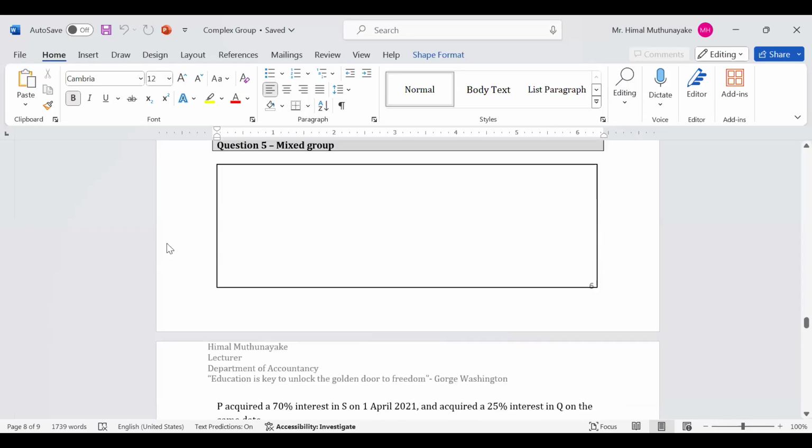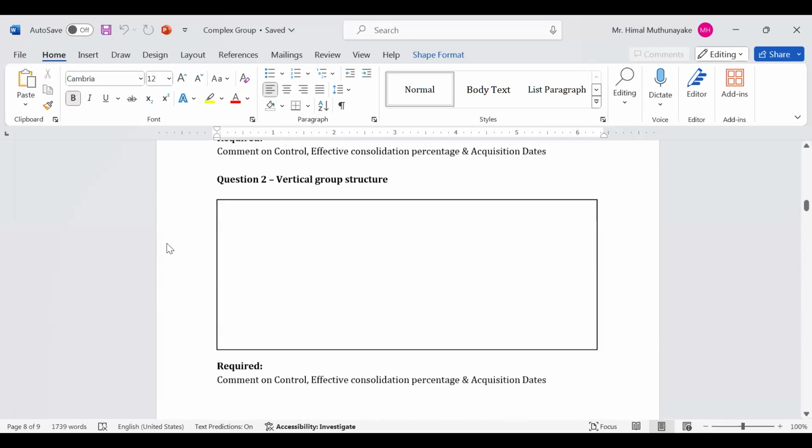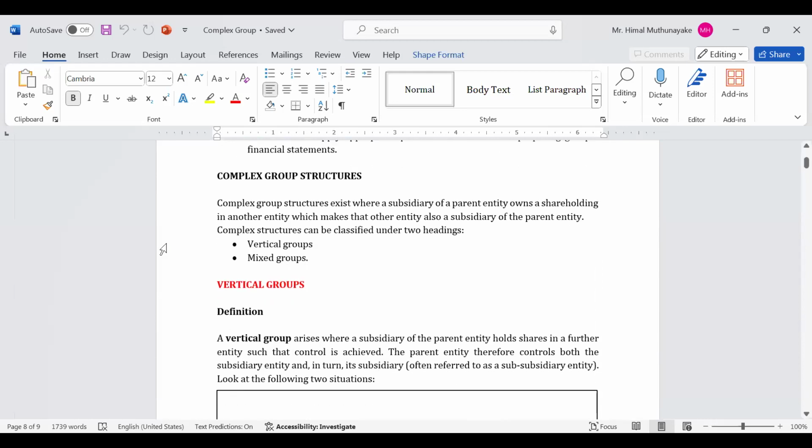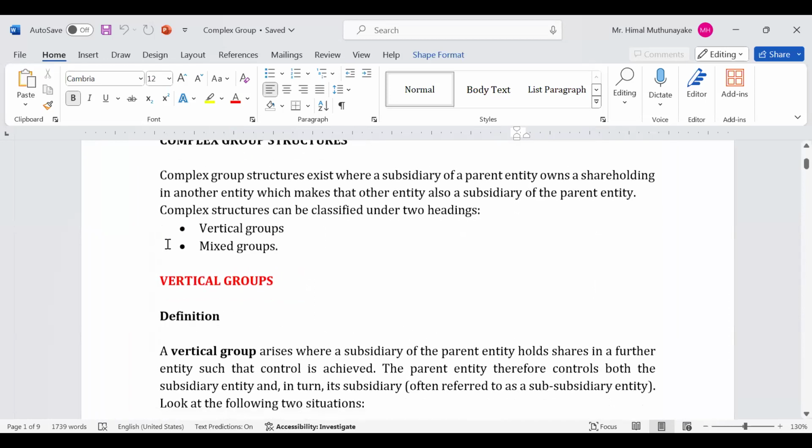So let's move on to the document I have shared with you, if you have the document. So the complex group, as we discussed, we can classify into two categories, two headings: vertical groups and the mixed group.